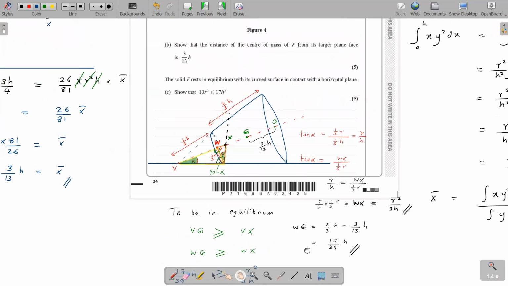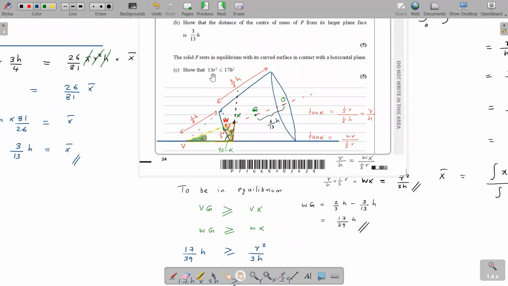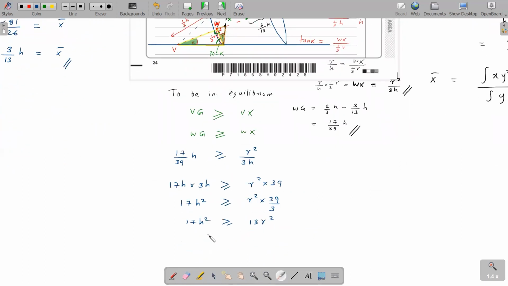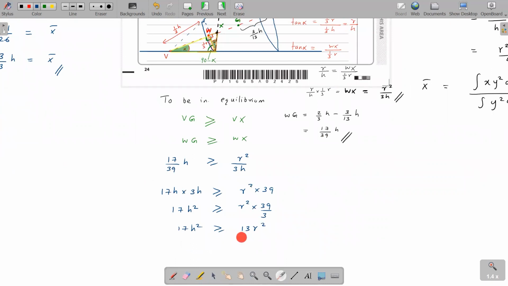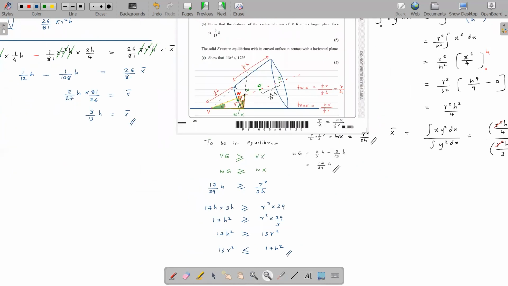Is this to show that 13r squared is less than or equal 17h squared? So that's what I got here, right? Just that the two sides I have written the other side. 13r squared has the mouth closed towards it. So here also I have 13r squared, mouth is closed towards it. So I could write 13r squared, mouth is closed towards it, 17h squared, mouth is open towards 17h squared. So I have not done any difference. Okay, I really hope you understood this part.